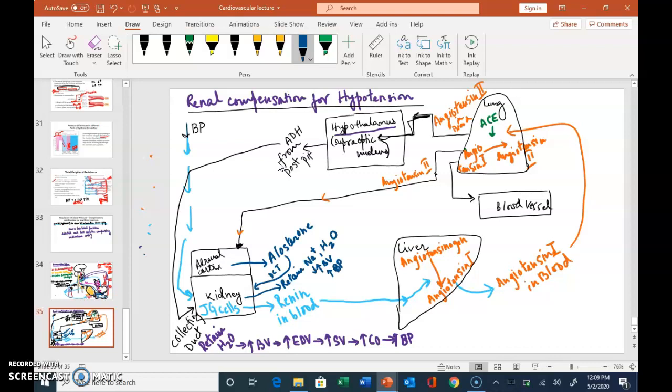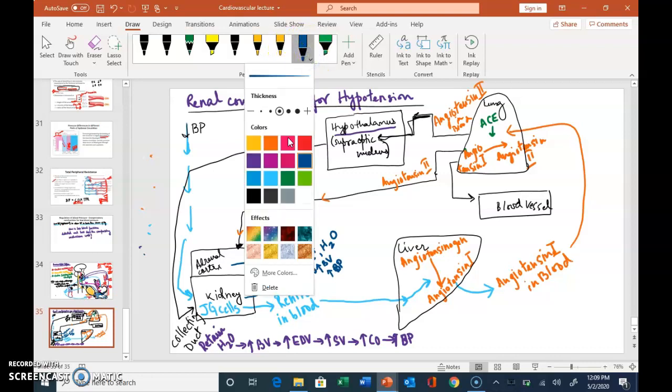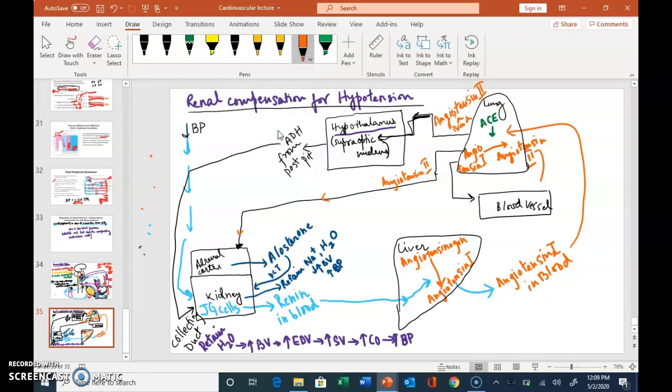also works on blood vessels. Let's take a look. Okay, so this angiotensin 2 also works on blood vessels. Actually, I'll just draw like this. And it specifically works on tunica media and causes contraction, causes vasoconstriction.